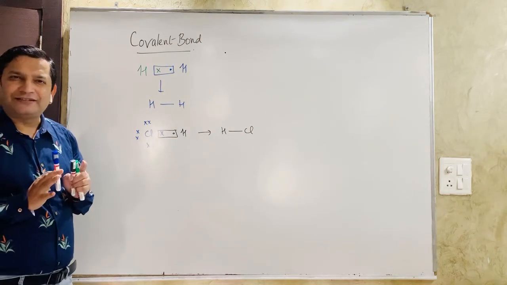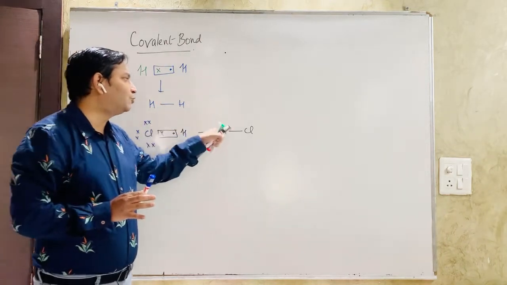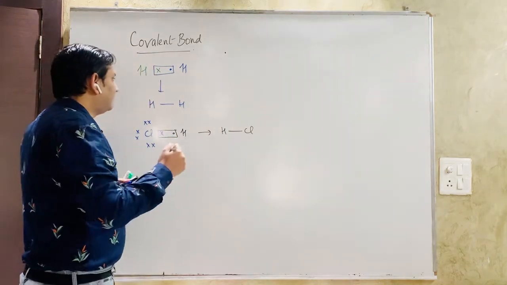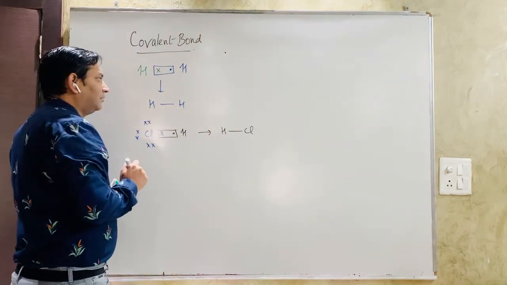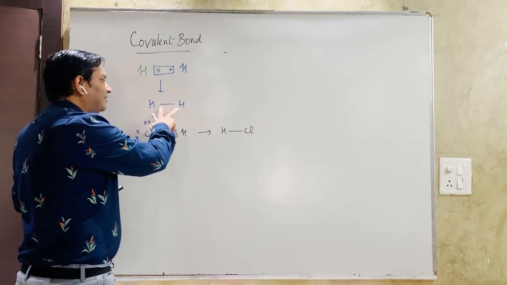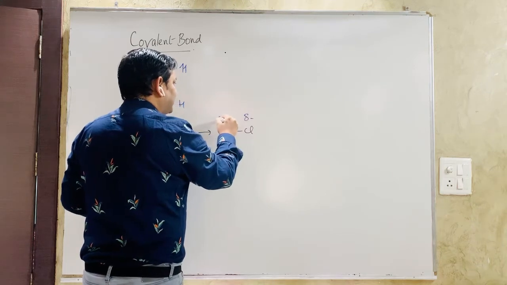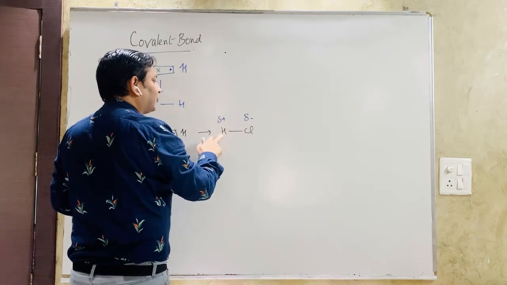What is the basic difference we observe between these two bonds, though they both are covalent? The difference is that over here the difference in electronegativity is zero, but this is more electronegative and this is less electronegative or more electropositive.